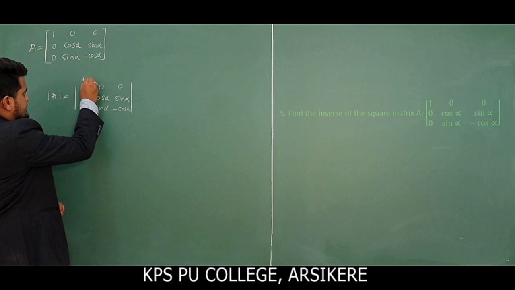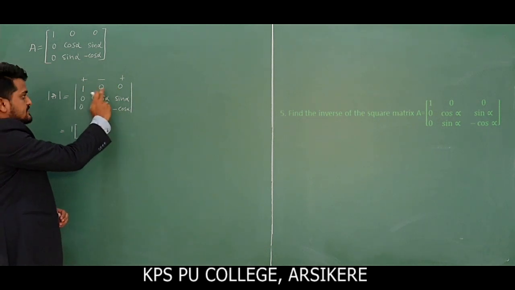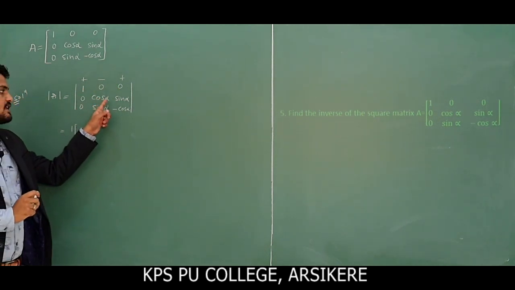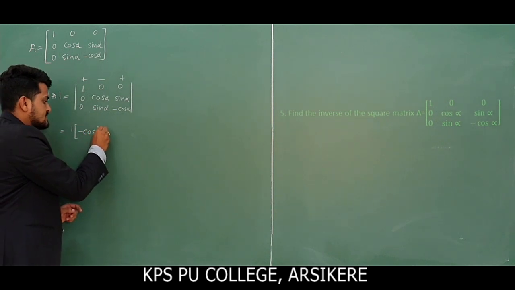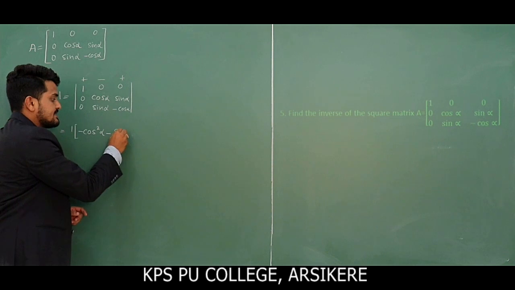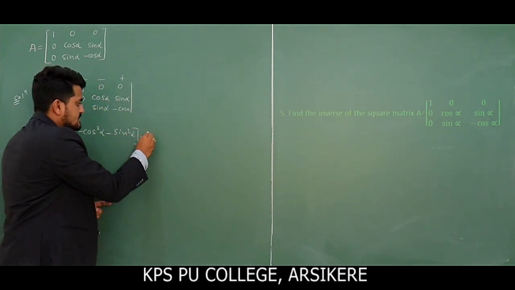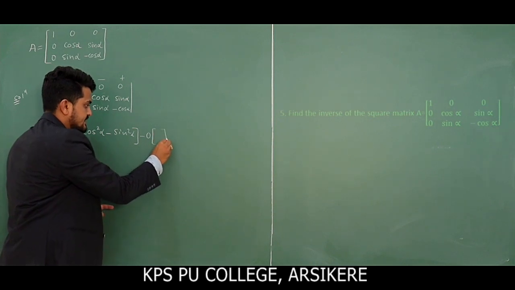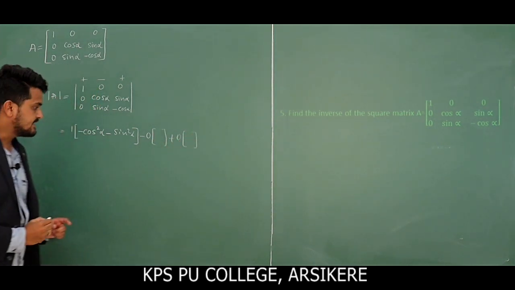Plus minus plus. So this is equal to 1 into, eliminating first row, first column, cos alpha into minus cos alpha, so minus cos square alpha, minus sin alpha into sin alpha, sin square alpha. Then 0 into anything is 0, plus 0 into anything we get 0.